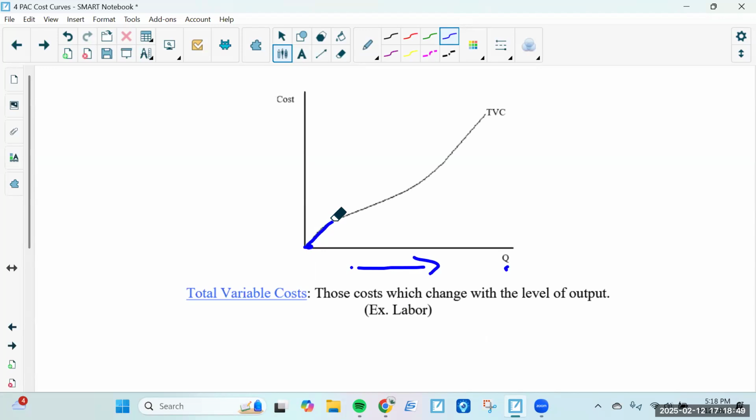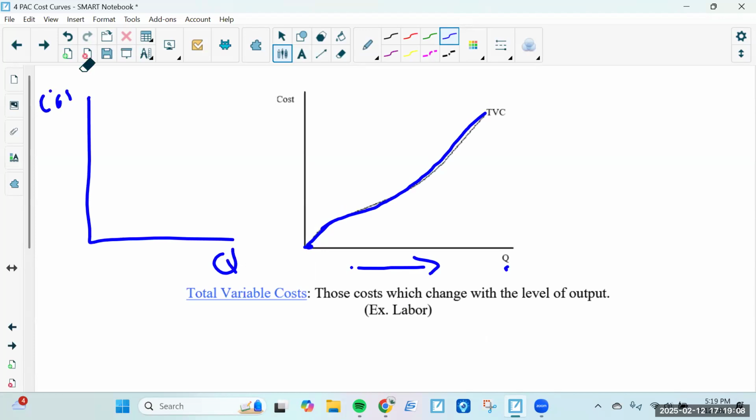Now, what this total variable cost curve actually looks like is a backwards S. I used to make such a big deal in my class about this, to make sure you can draw it. They have never asked this on an FRQ. I would bet they're not going to ask it this year. But the reason why it's not just a straight line is because of the law of diminishing marginal returns.